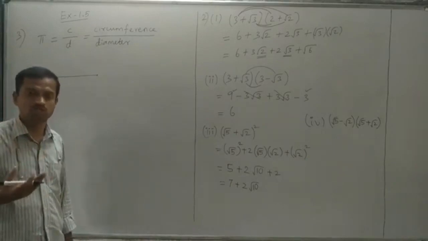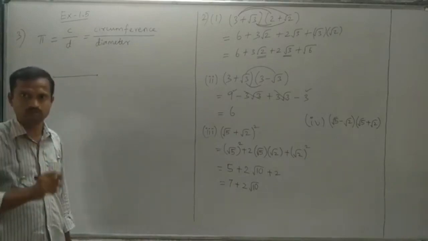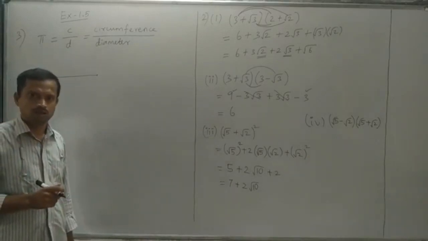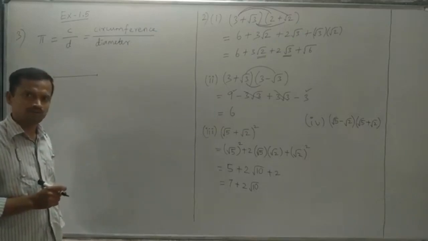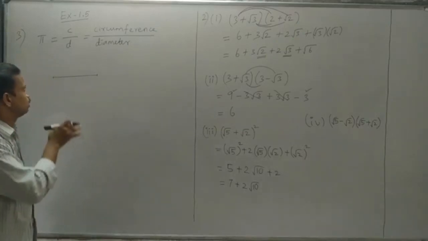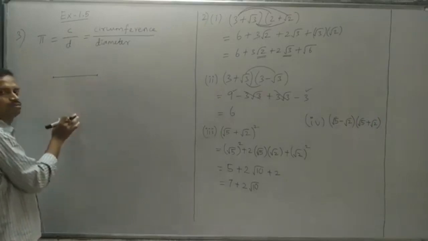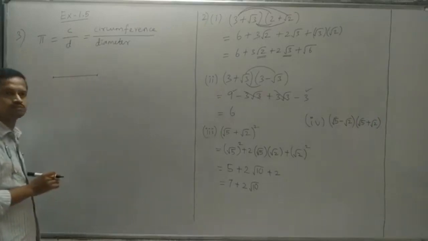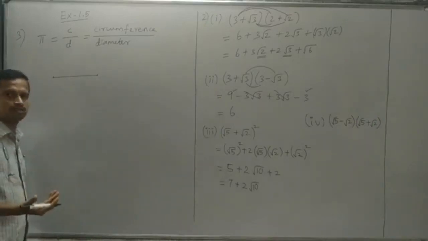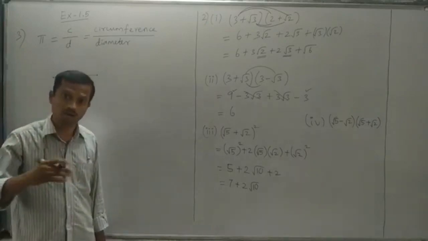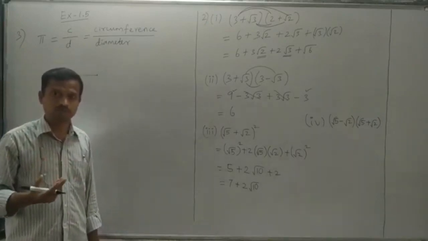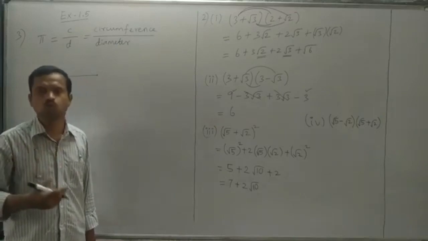So we cannot measure it exactly using a scale. Are you agree with it? So if I say to measure this length, we may get a rational, may not. Sometimes we may get irrational also.